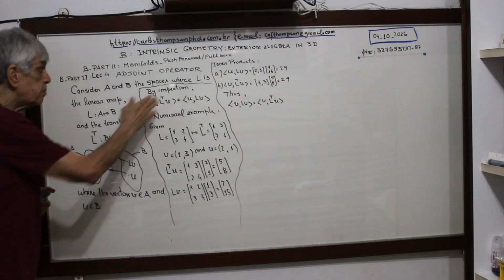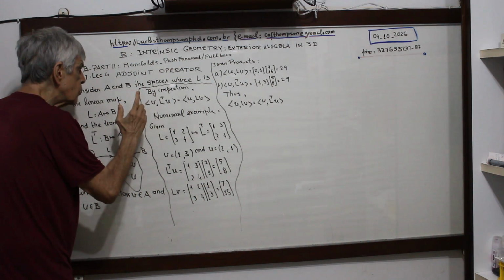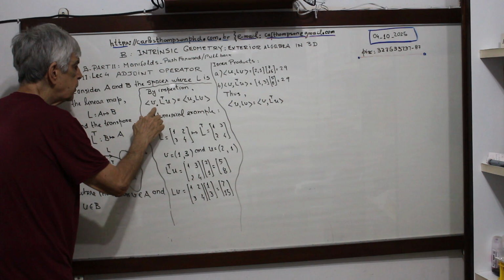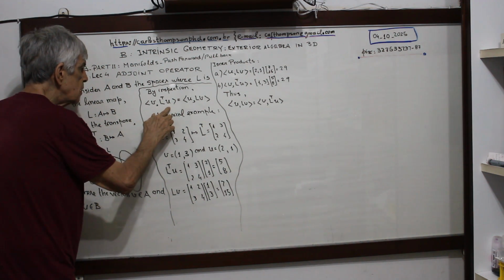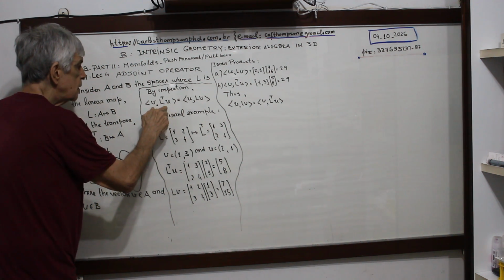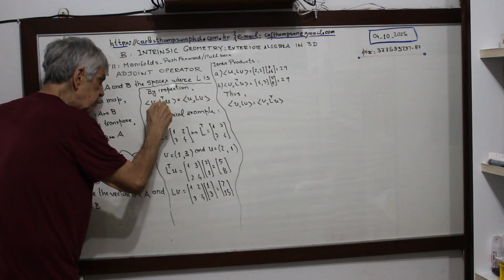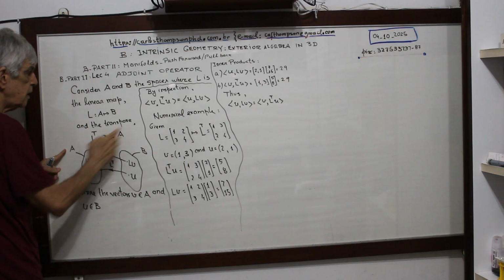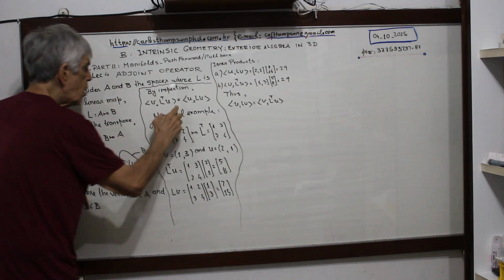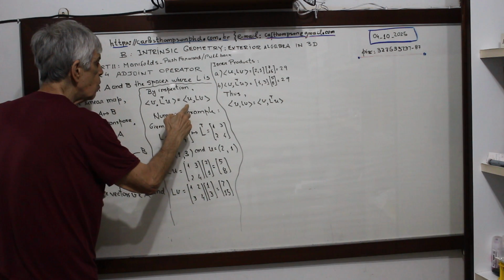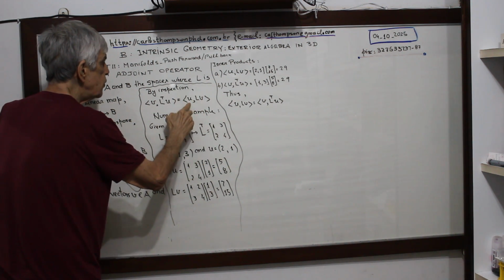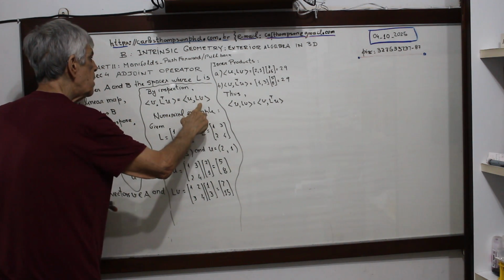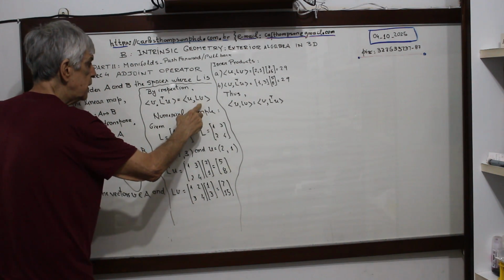Now, by inspection, the inner product of V with the mapped vector L transpose of U, in this vector space A, is identical, equal to the inner product of U with the map from A to B of LV.